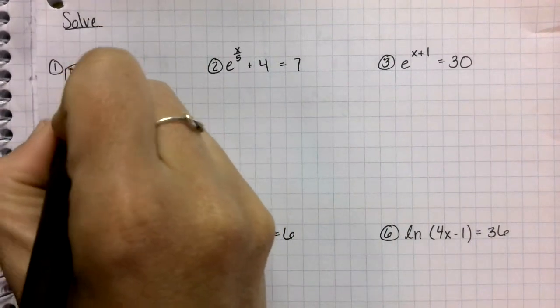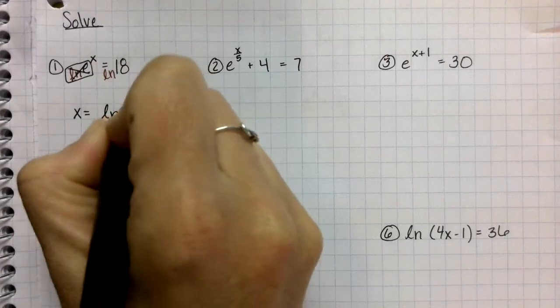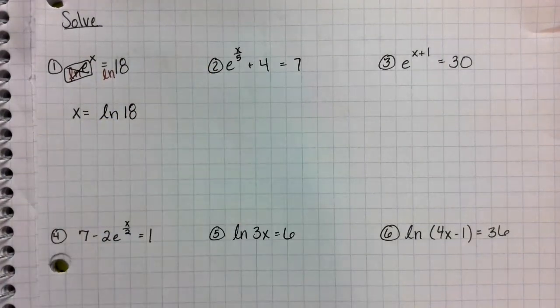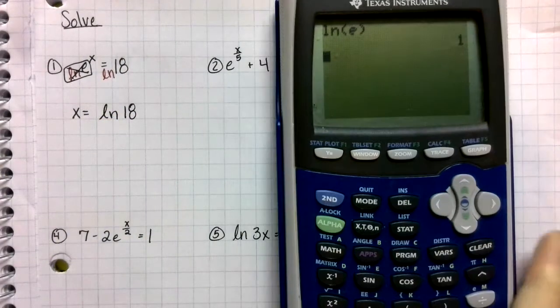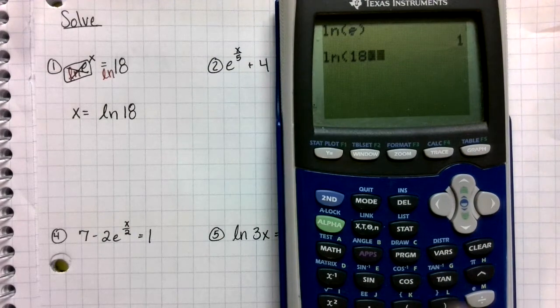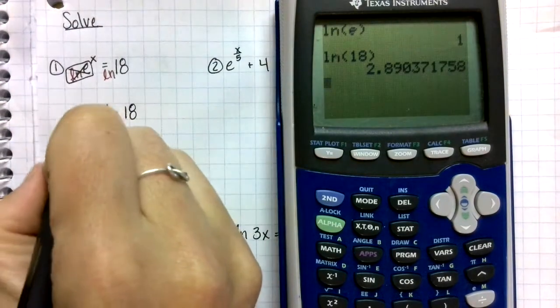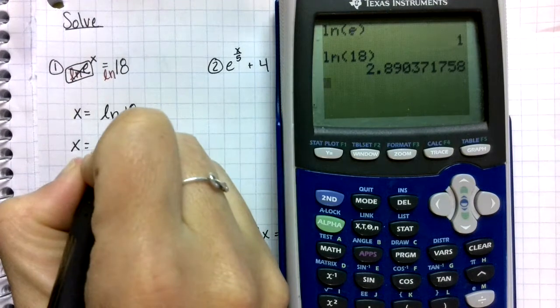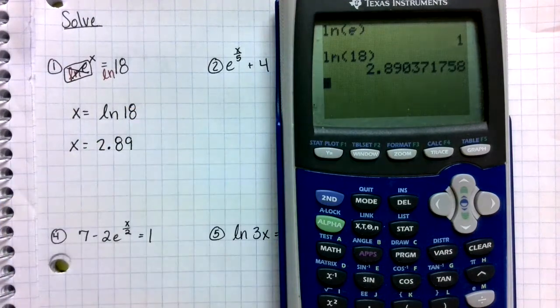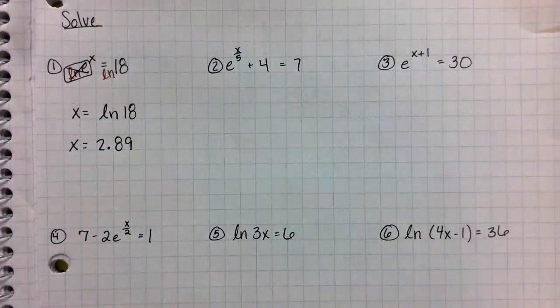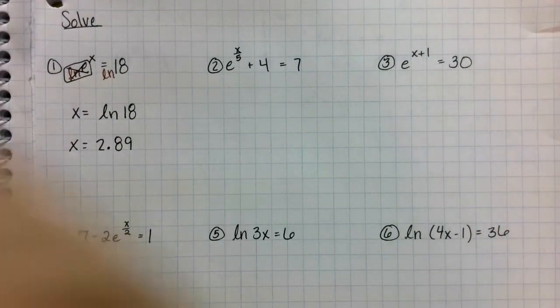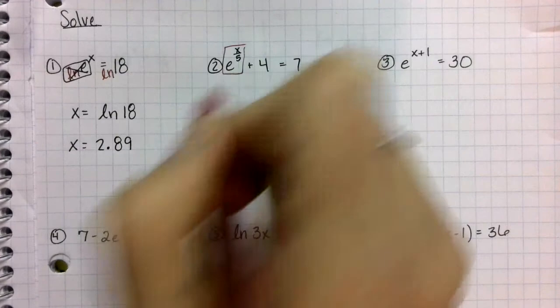What we're left with is x and natural log of 18. To solve this problem, all I have to do is type in natural log of 18. So I get x equals 2.89.